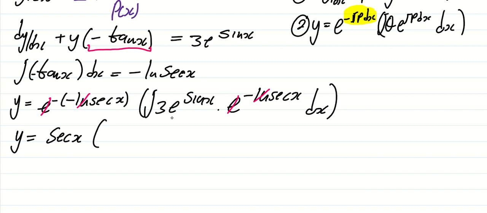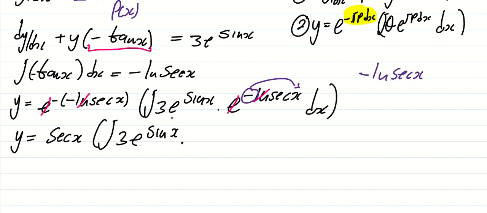Okay, and then the integration of 3e sine x times, remember, when you cancel this, that negative will come there. That's the logarithmic function rule.